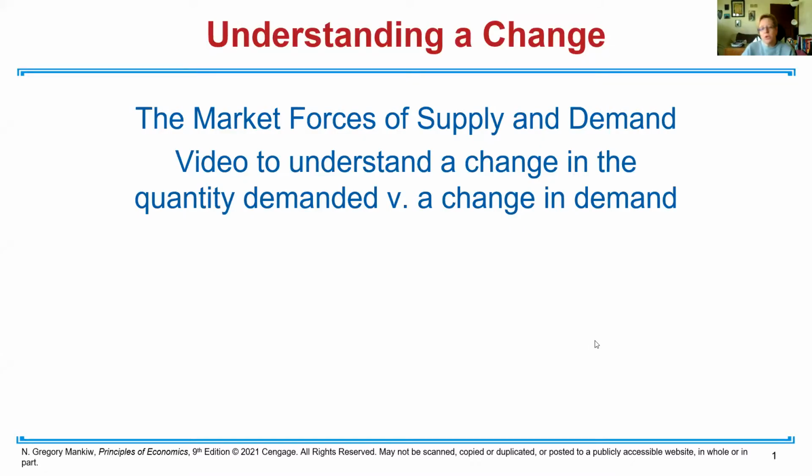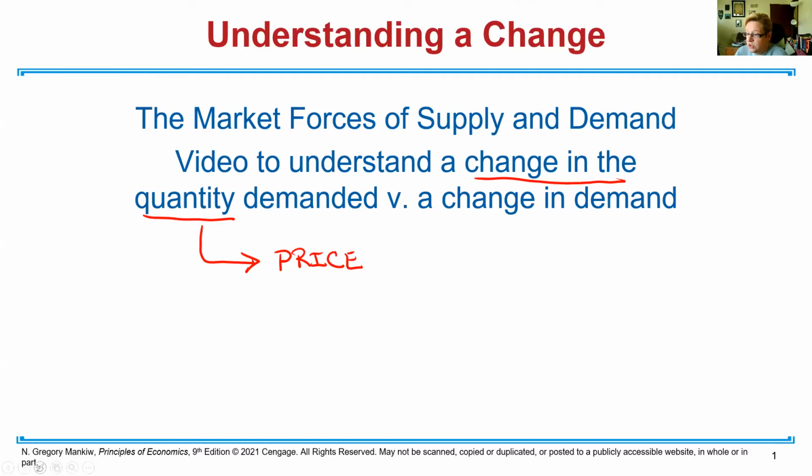All right, so what we're looking at here is what is the difference between a change in the quantity demanded and a change in demand. Let me start by saying that the only thing that can cause a change in the quantity demanded is a change in price. That's it.